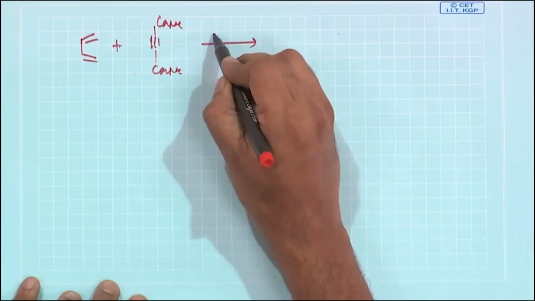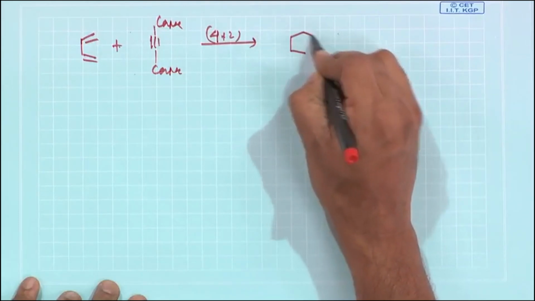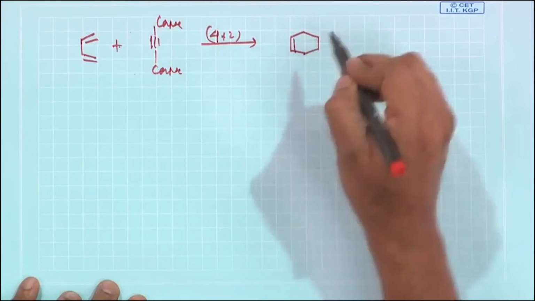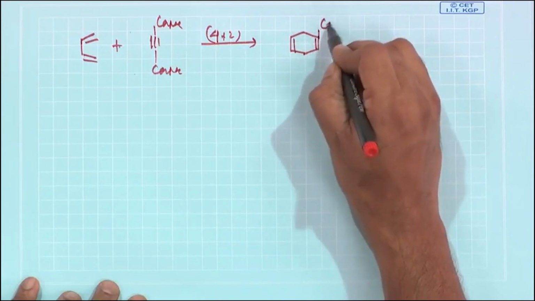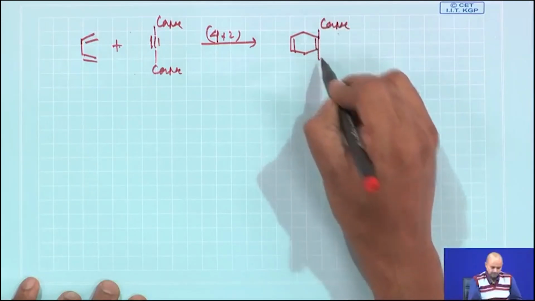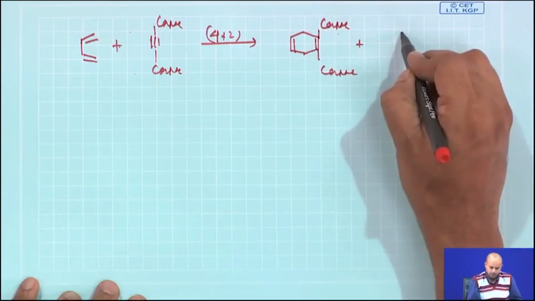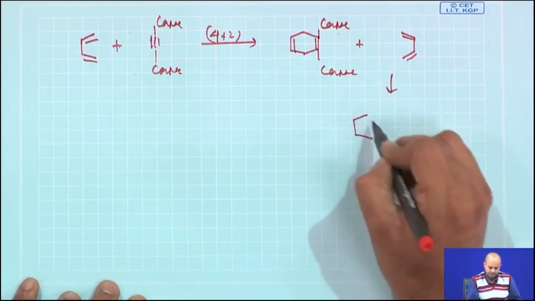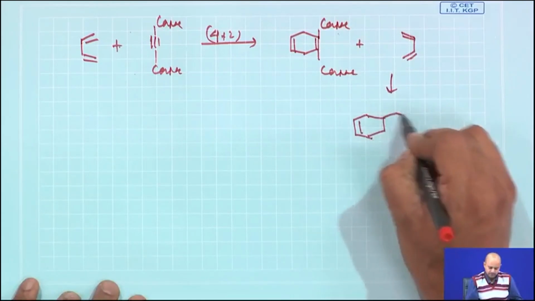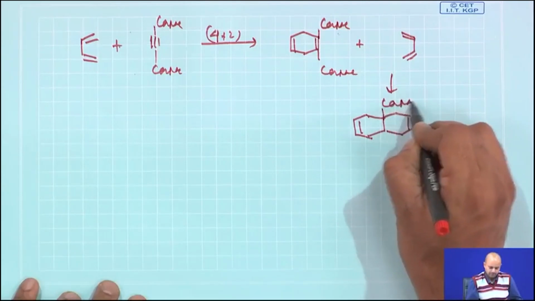So, first round of 4 plus 2, you basically come here. Okay. Another round of cycloaddition with this diene, and then basically you will get this compound. Okay.